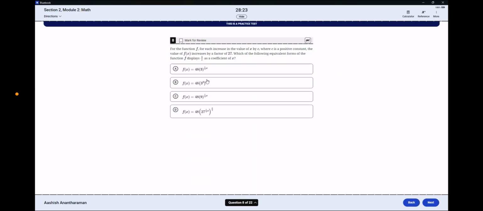Whatever's in the exponent is what's changing. Take the 3, for example, in option a. So if we look at a, if x increases by c, let's hold on here.